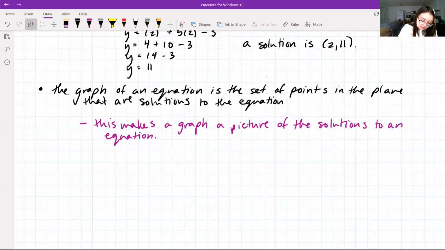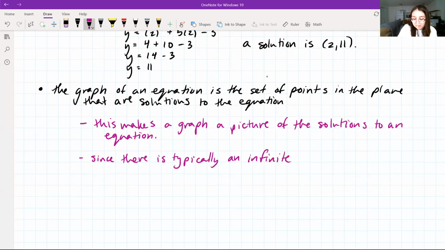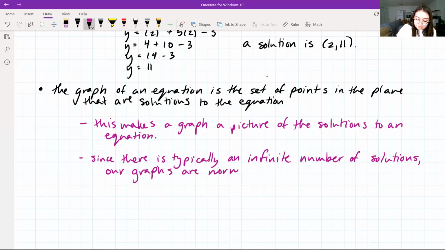And in addition to that, since there is typically an infinite number of solutions, our graphs will normally be infinite.